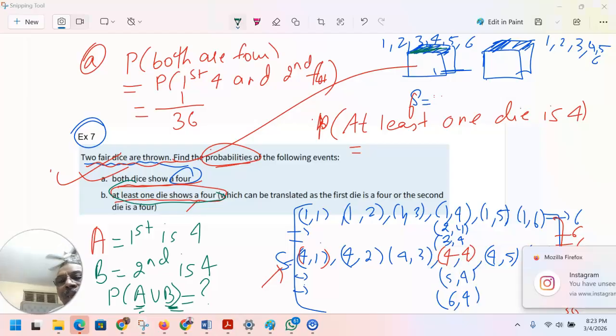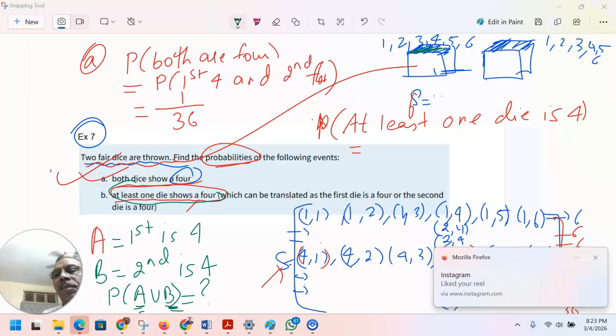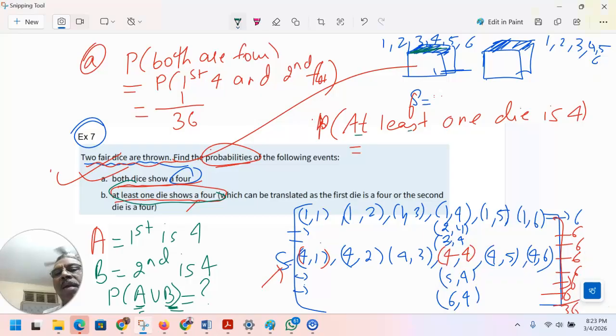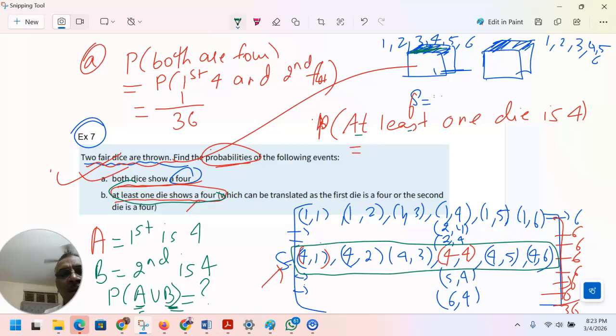So at least one die. There are two ways you can do it. One is by just looking at it, and you can count this. In this case, there are 6 options. See, the first one, 4 is appearing 6 times, and here also you can see 6.